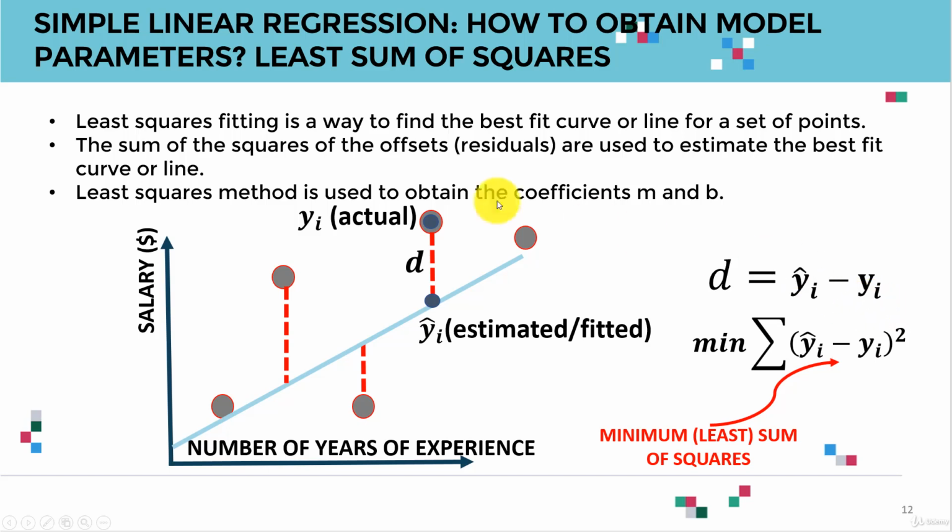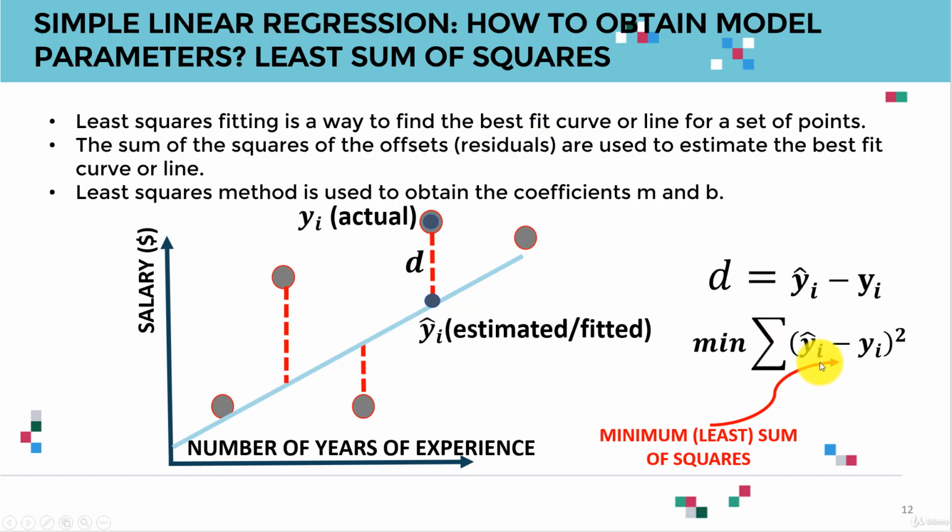That's where the term least sum of squares comes from: it's called sum of squares because I'm squaring all the errors, or offsets, or another term for it, residuals, and then summing them up.